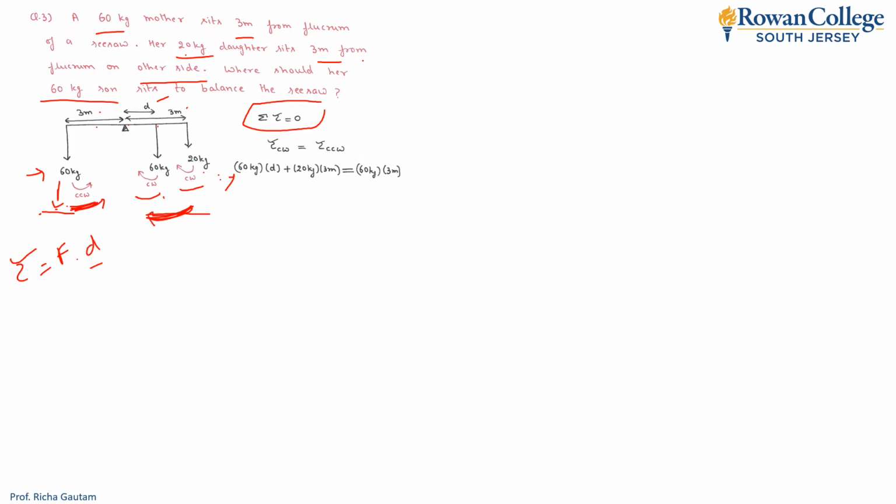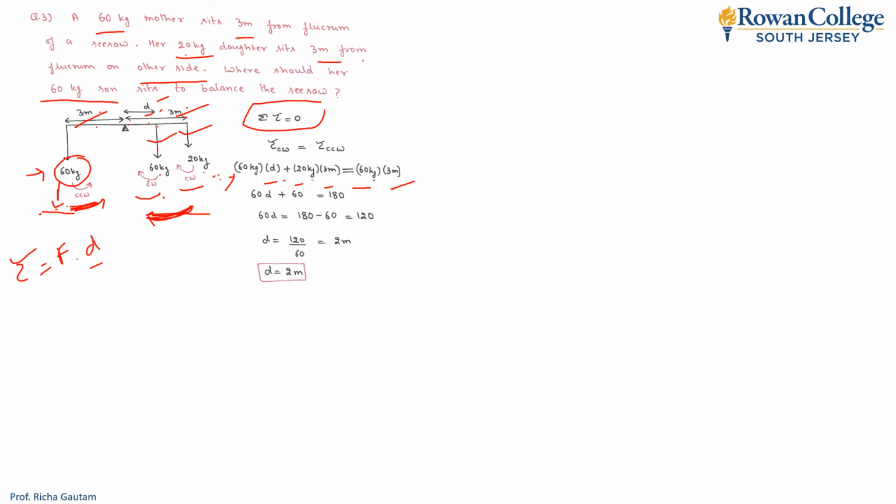The clockwise torque we are getting from these two masses: 60 kilogram at distance D, and 20 kilogram at distance 3 meters. So 60 into D plus 20 into 3 should be equal to the counterclockwise torque from this mass, which is 60 kilogram, and its distance is 3 meters as well.